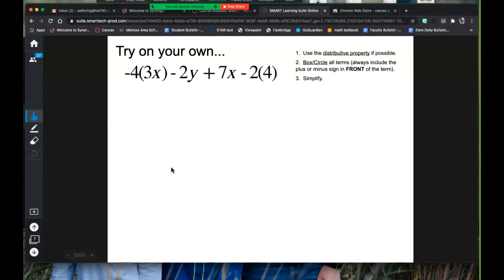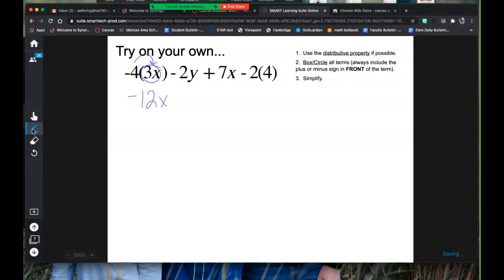When you look at this one, you see a couple sets of parentheses, and that just means you have to distribute a couple different times. First of all, when you distribute the -4 to the 3x, it goes to the entire 3x. That's one term. So -4 times 3x is -12x.